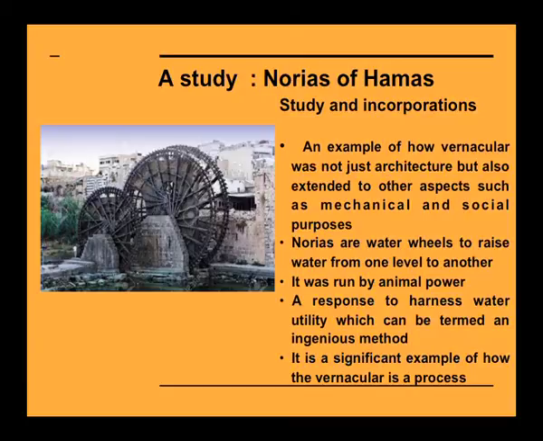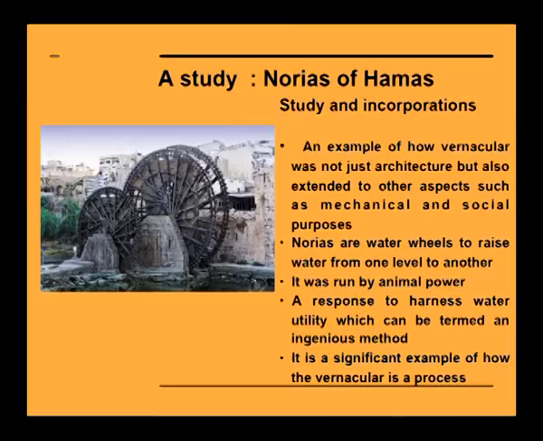It is an example of how vernacular was not just architecture but also extended to other aspects such as mechanical and social purposes. Norias are water wheels to raise water from one level to another. It was run by animal power, a response to harness water utility which can be termed an ingenious method. As I said, indigenous, ingenious, local, these are words that are going to be played around vernacular architecture a lot.